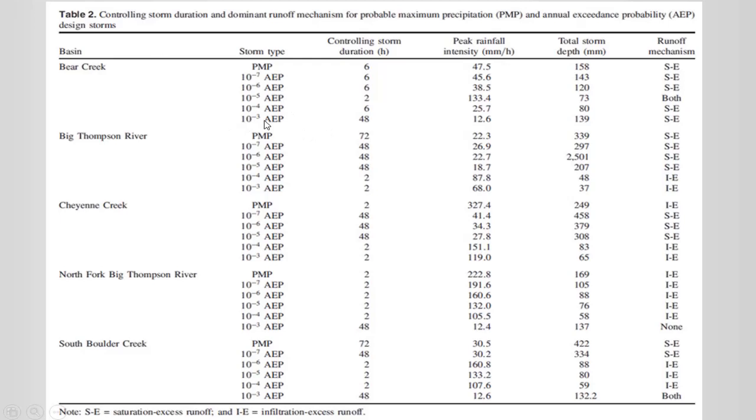So the 1 in 1,000 through 1 in 10 million AEP precip frequency storms from our REPS Met portal, and then REPS PMP. And the bottom line is in this last column. They listed which runoff mechanism was controlling the runoff for that scenario. And what they found, bottom line, is that it varies. The runoff mechanism varies, either SE, saturation excess, i.e.